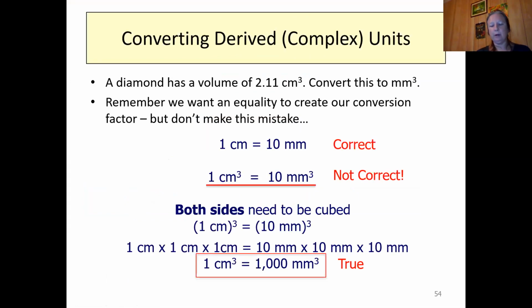This is a very important common mistake. If you cube your unit, you have to cube the number as well. You will get a problem like this on a test, and I think it's part of the lab as well.